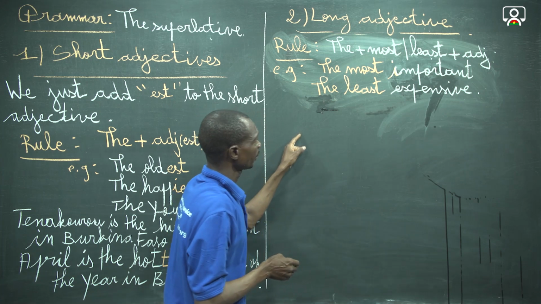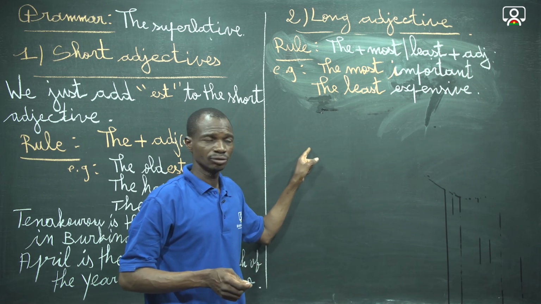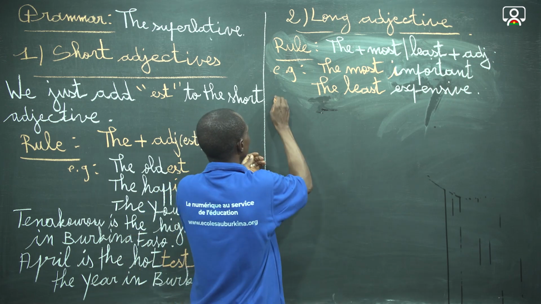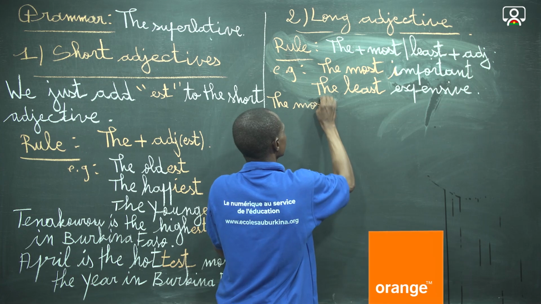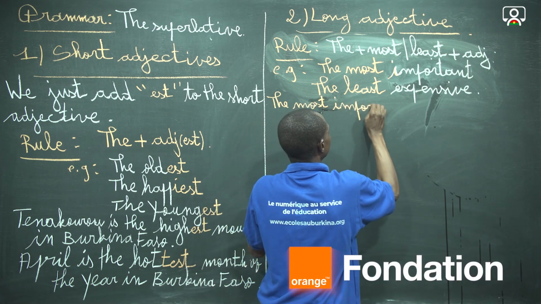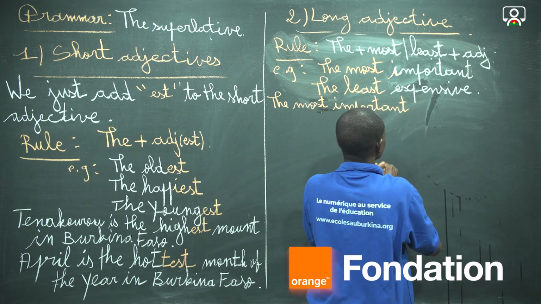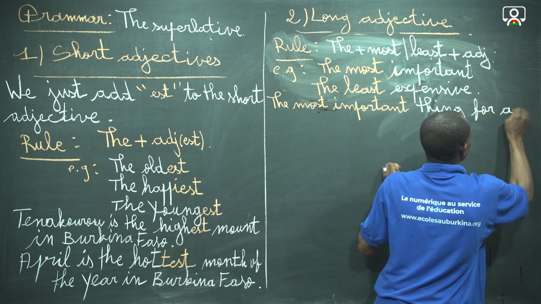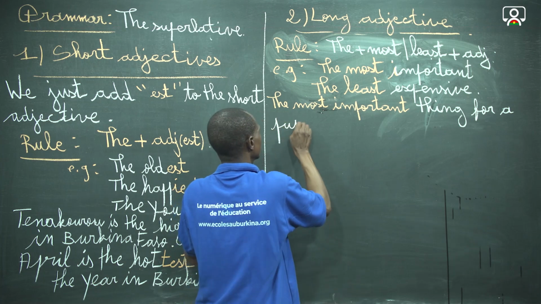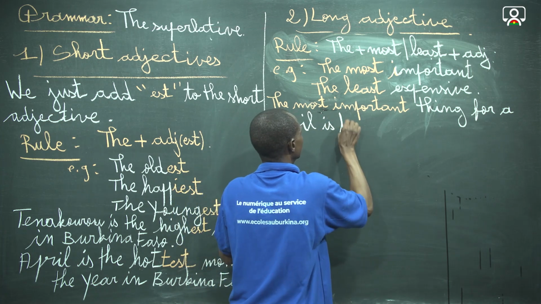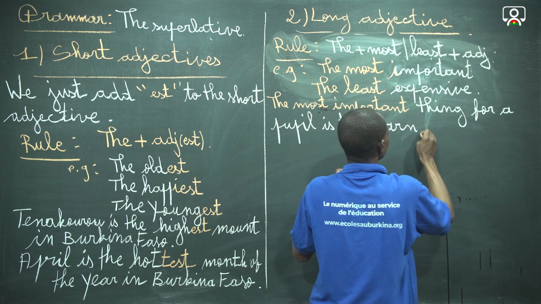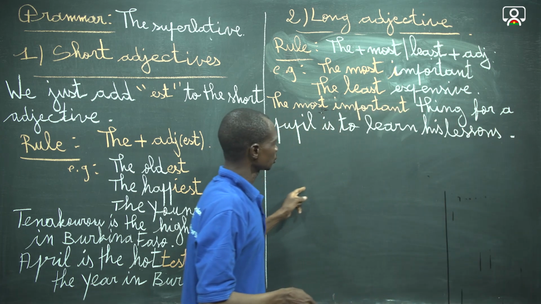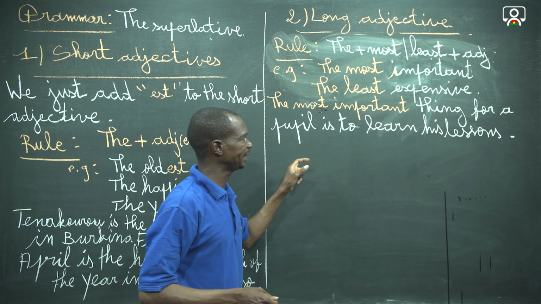We can say that the most important thing for a pupil is to learn his lesson, which means in French, la chose la plus importante pour un élève est d'apprendre ses leçons.